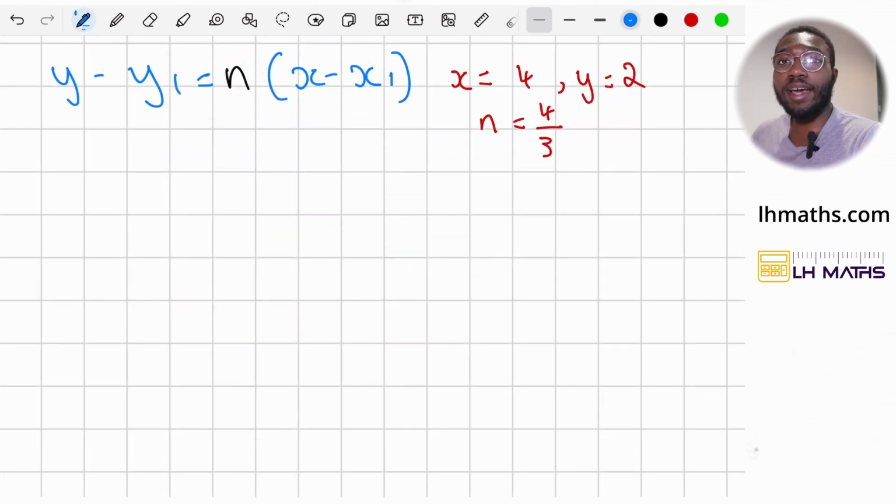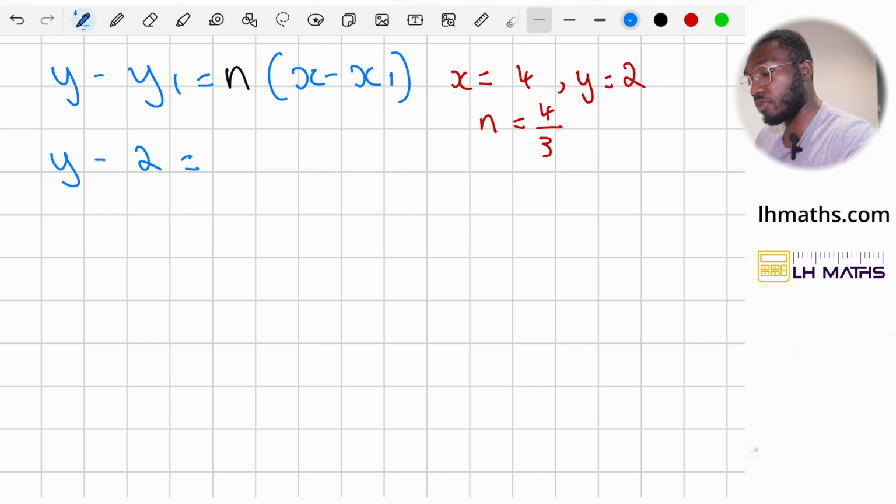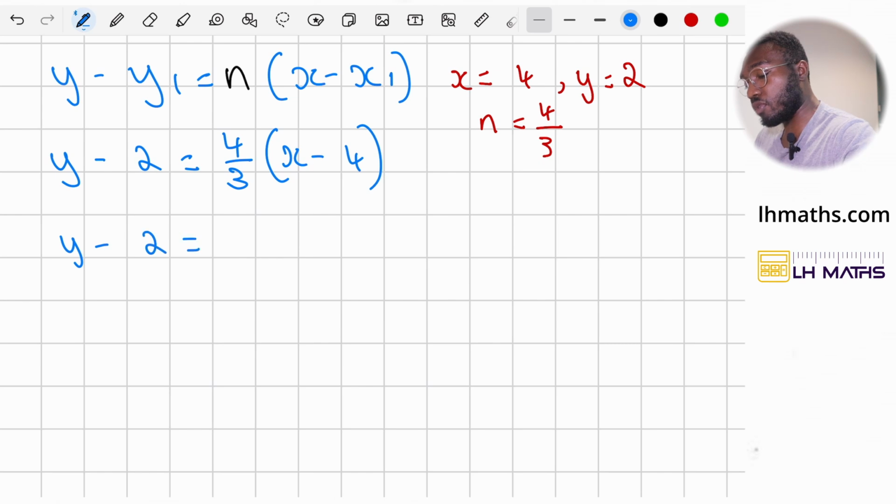Okay, so now we've got our x value, our y value, and our n value. Now we can put that into the equation. So y take away 2 is equal to 4 over 3 times x take away 4. So that will be y take away 2 is equal to 4 over 3x minus 16 over 3.